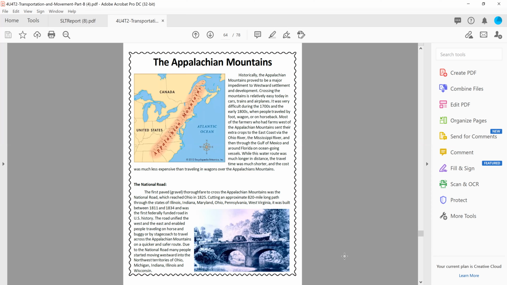It was built between 1811 and 1834, so it took 23 years to build, and was the first federally funded road in U.S. history. The road unified the West and East and enabled people traveling on horse and buggy or by stagecoach to travel across the Appalachian Mountains on a quicker and safer route. Due to the National Road, many people started traveling westward into the Northwest Territories of Ohio, Michigan, Indiana, Illinois, and Wisconsin.